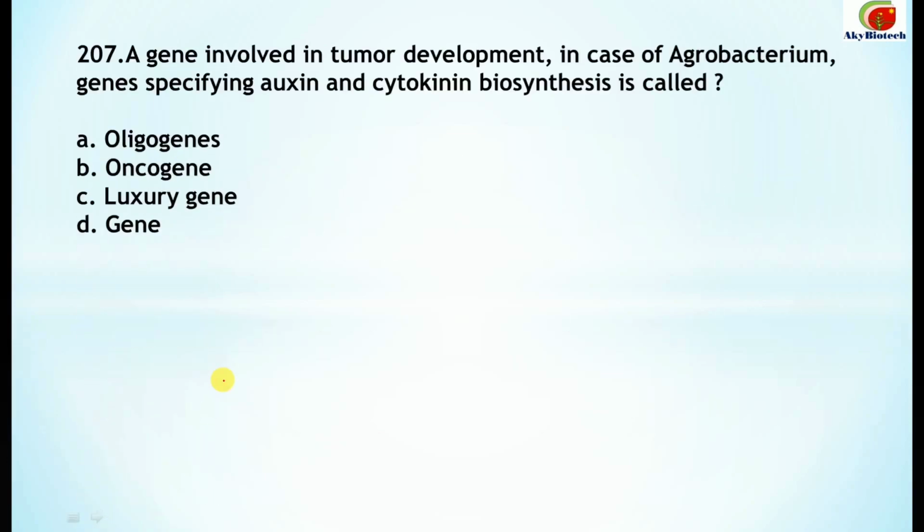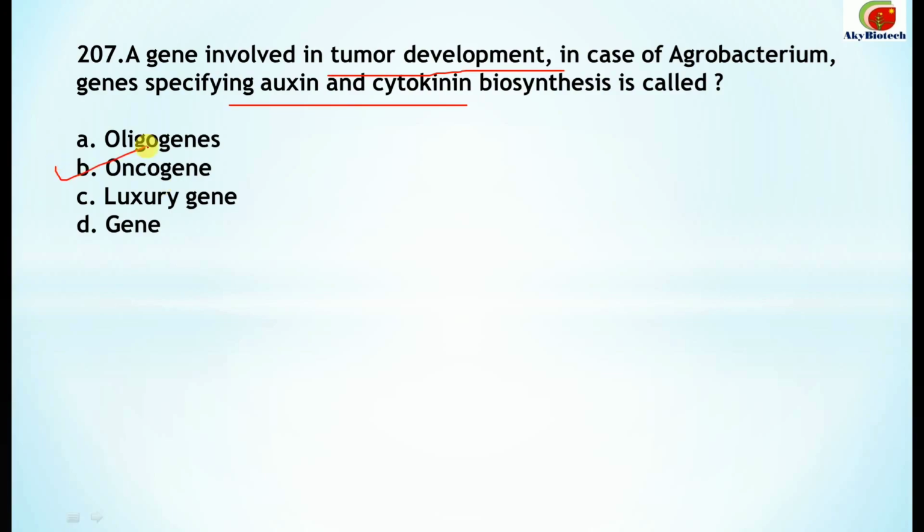Question number 207. Genes specifying auxin and cytokinin biosynthesis, which are involved in tumor development in case of Agrobacterium, are called oncogenes.